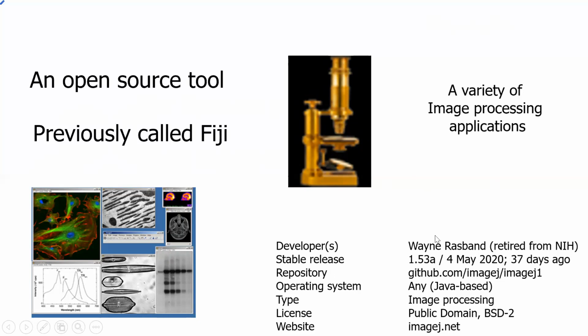It is a Java-based program, and the advantage is that it can run on any platform like Windows, iOS, Linux, or Android. Besides microscopy image analysis, ImageJ is used for a lot of other types of analysis.